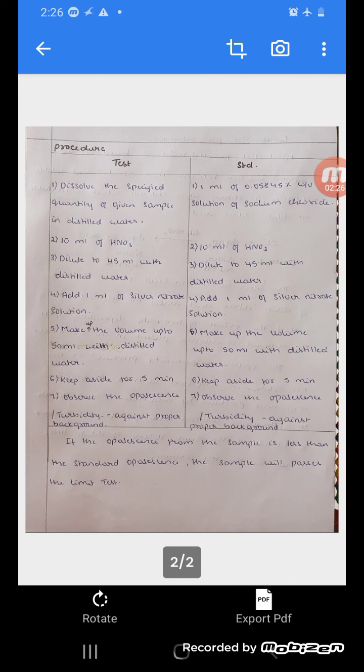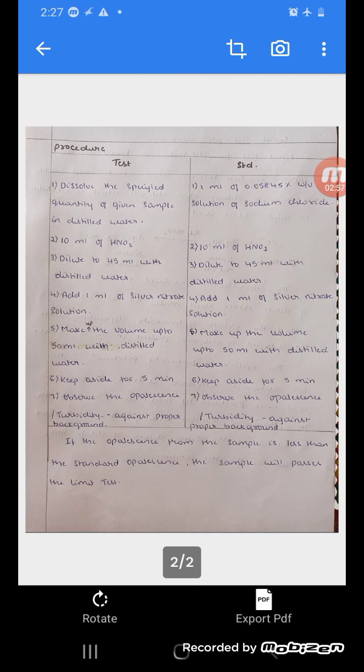Coming to procedure, before starting the limit test for chlorides, wash all the apparatus, whether it may be glass rod, pipette, Nessler cylinder, with the distilled water, because distilled water is free from all the impurities. Then label one of the Nessler cylinder as test and the other as standard.